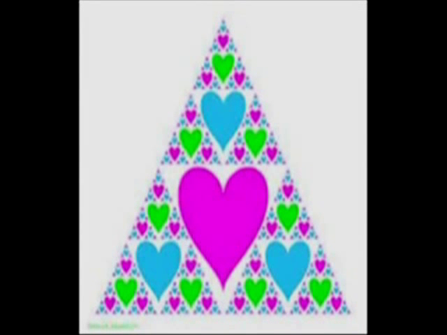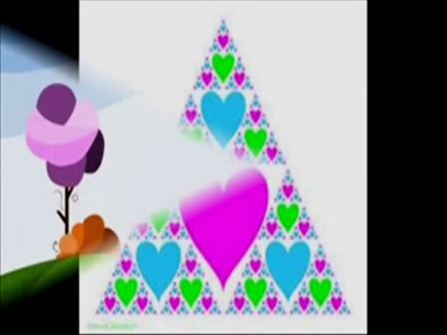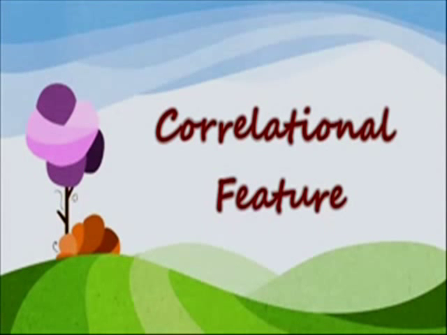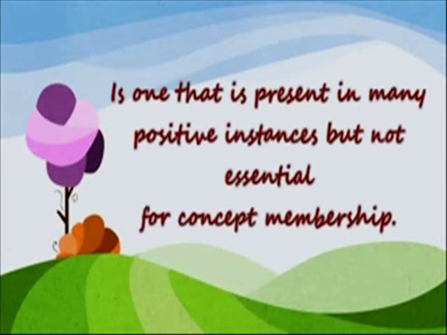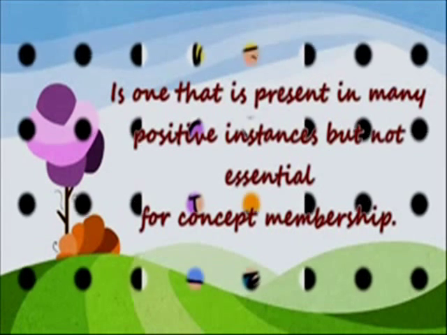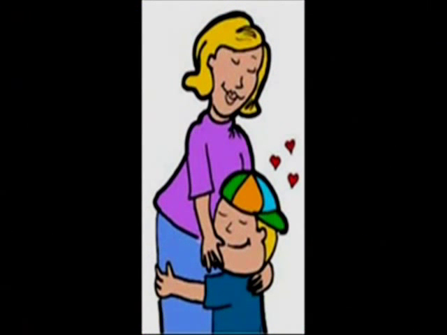Example: a triangle has 3 sides. Having 3 sides is a defining feature of a triangle, because all triangles should have 3 sides. If one doesn't, then it is not a triangle.